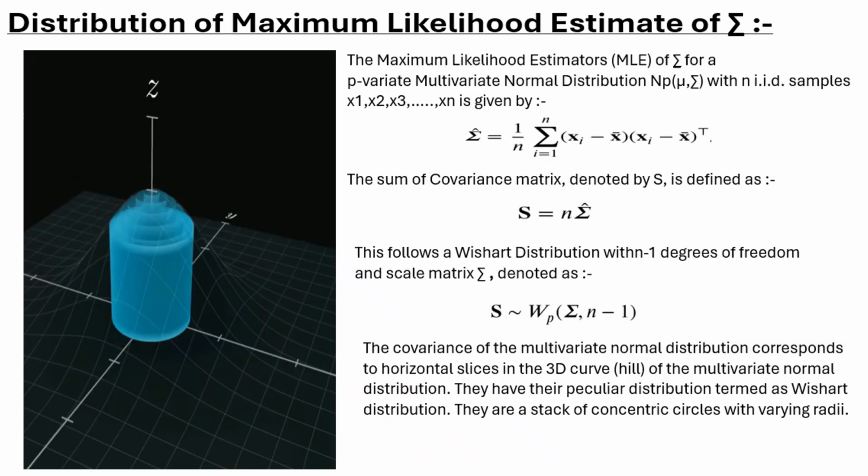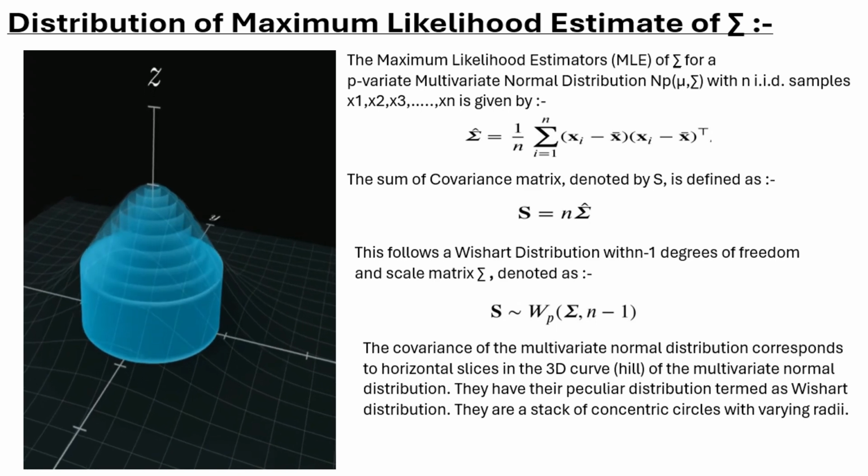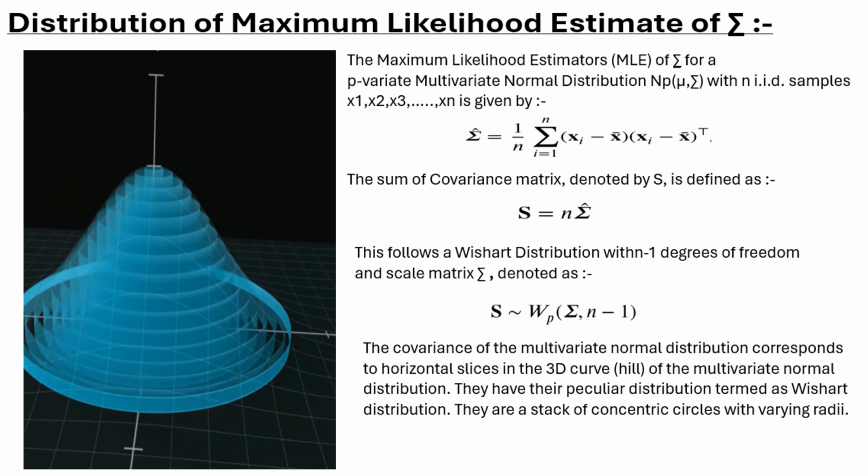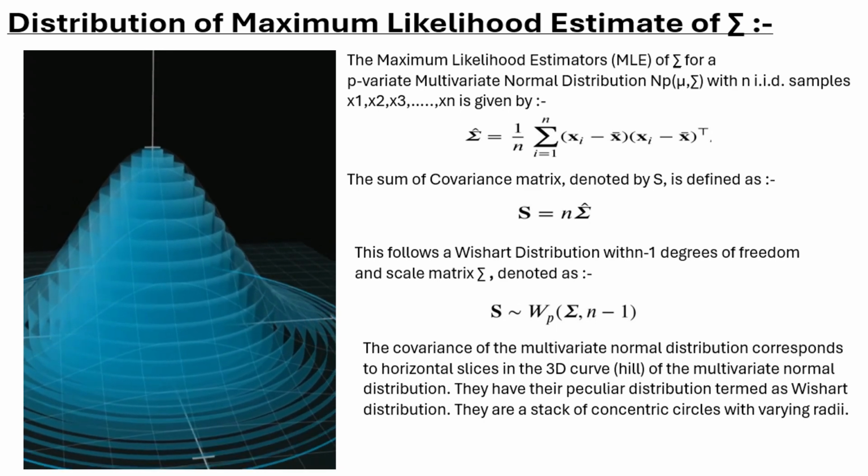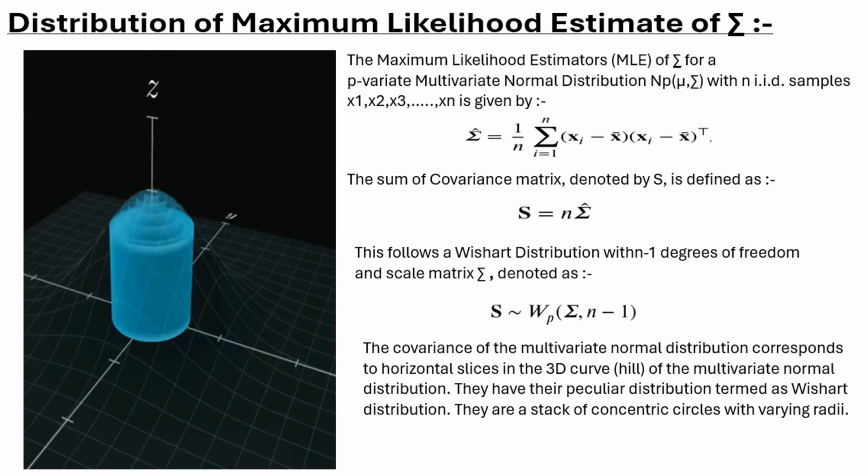And then we come to the distribution of the MLE of the remaining parameter, that is sigma. Sigma, as we have seen, is the shape parameter. It describes the shape of this 3D curve, and as can be seen in this animation, sigma is like a stack of concentric circles of varying radii, kept over each other.